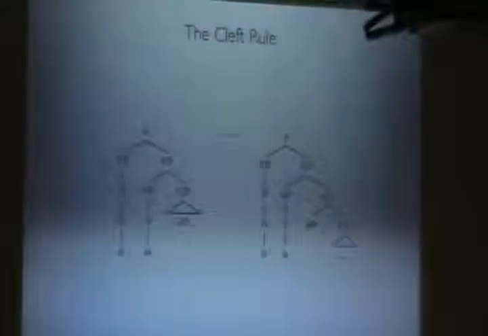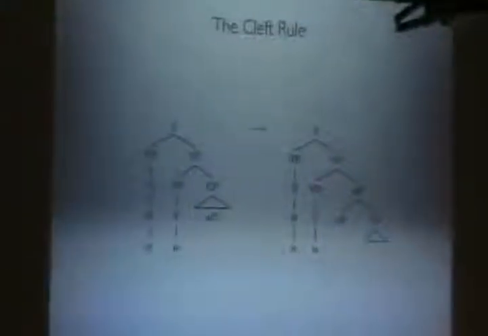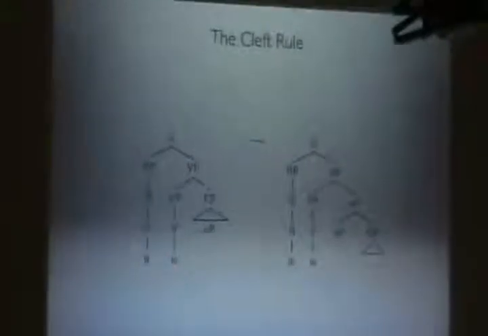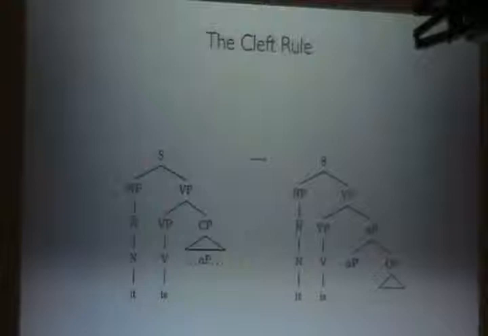So here's the rule, the cleft rule. What this rule does is it takes a sentence that our phrase structure rules can produce: a sentence that starts with it, that has a verb phrase whose verb is, and then following is one of these complementizer phrases.